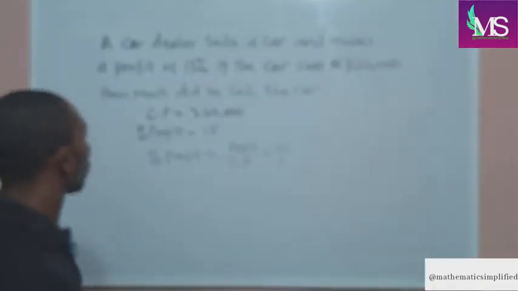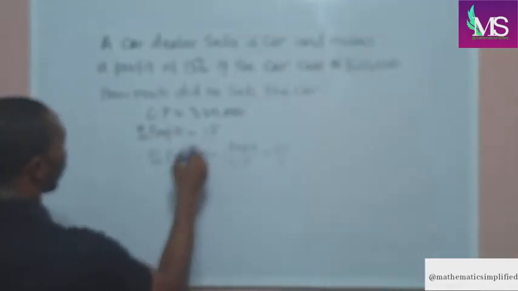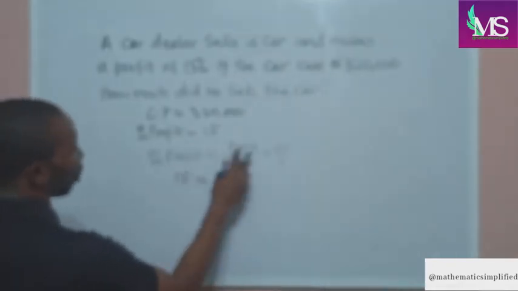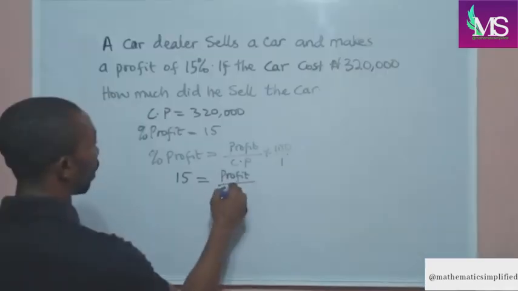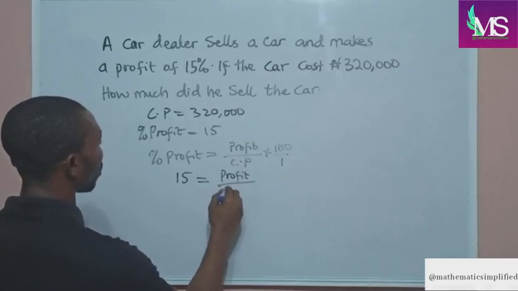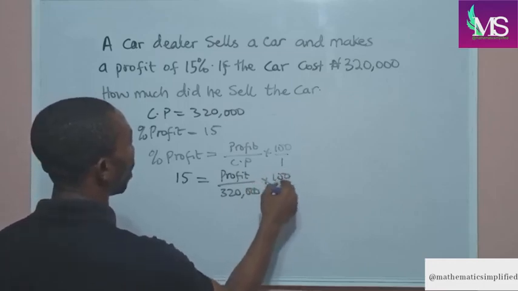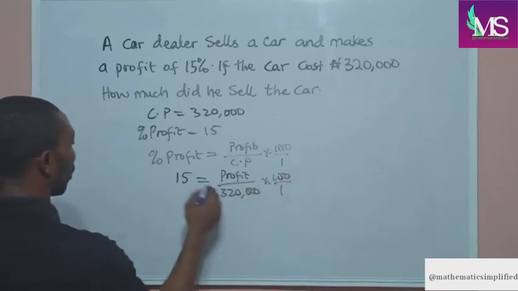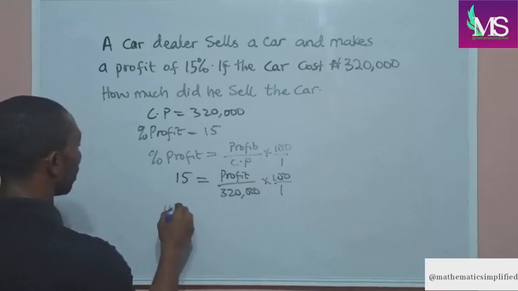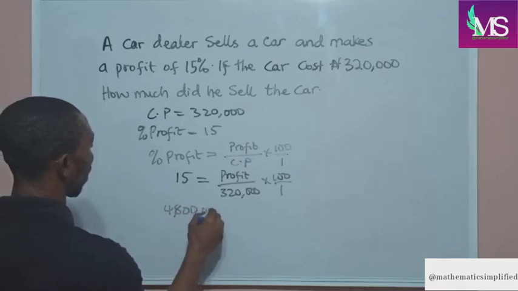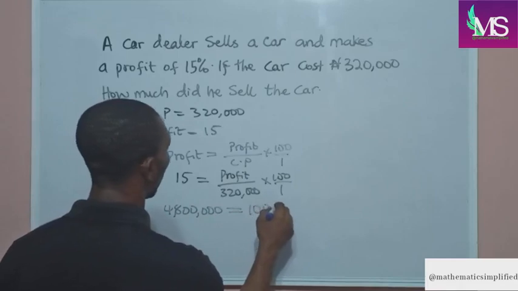Now this will give us our profit. Percentage profit is 15, which equals profit over cost price, which is 320, times 100 over 1. The 15 times 320 will give us 4.8, equals 100 times our profit.